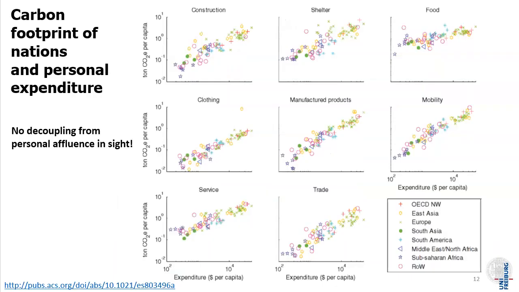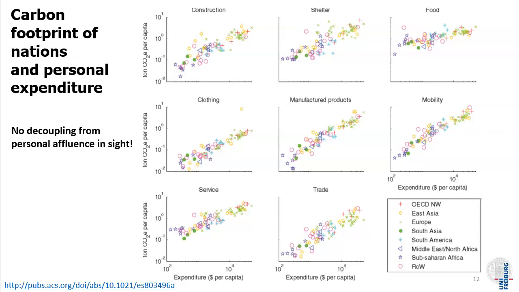A tricky part of the carbon footprint picture is that we see as people get richer, their footprints tend to increase. So far, there are very few examples where higher income also leads to lower footprints. And this is, of course, a major problem because the footprints are actual emissions, right? And they need to be reduced. But we see that the footprints increase with affluence. So even though some countries manage to reduce their domestic emissions, it appears that most of their consumption-based emissions still increase with rising income.